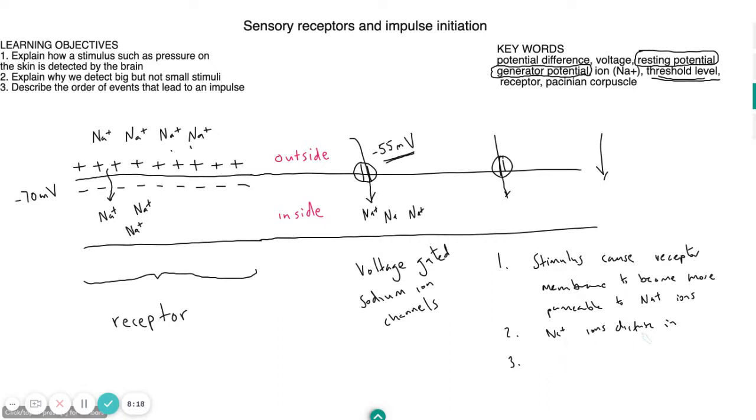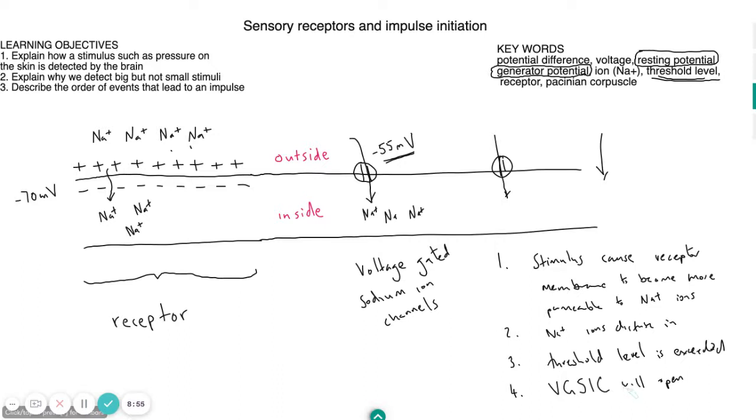If enough sodium ions diffuse in, threshold level is exceeded. And if threshold level is exceeded, the voltage gated sodium ion channels will open. And that will continue all the way to your central nervous system, to your brain. And therefore, you'll be able to have detected those changes.